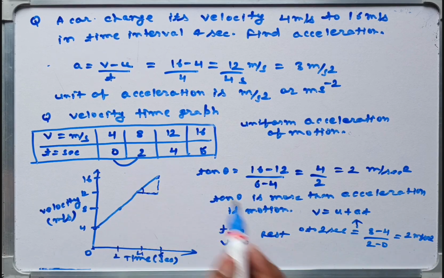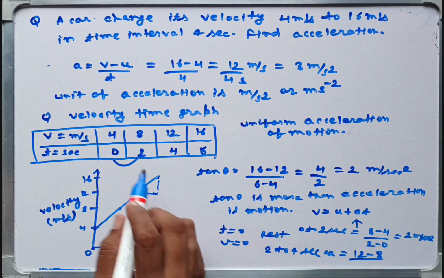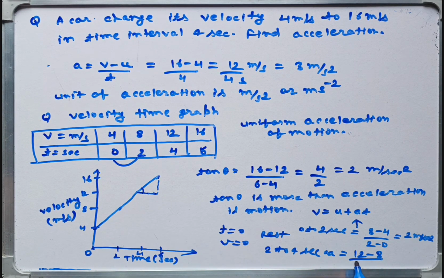Again from 2 to 4 seconds, acceleration equals final velocity 12, initial 8, and time elapsed 4 minus 2. So this one guys, 2 meter per second square.